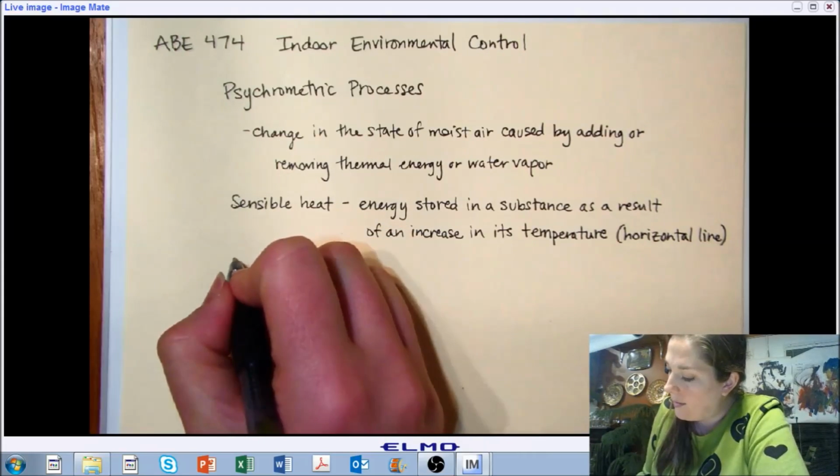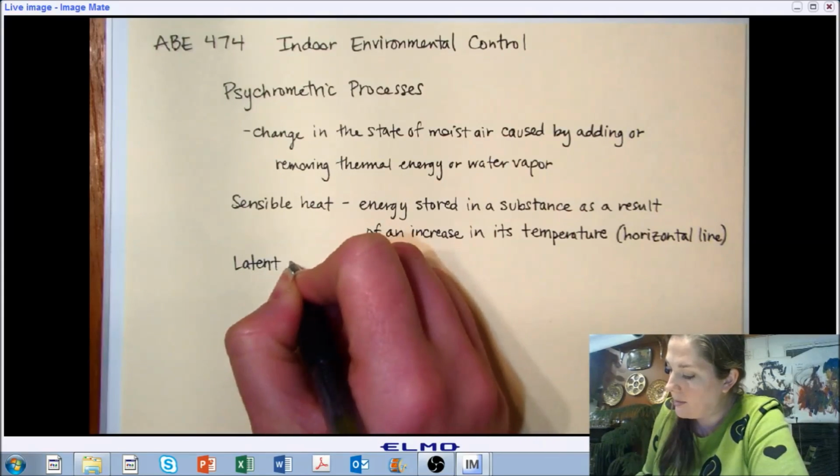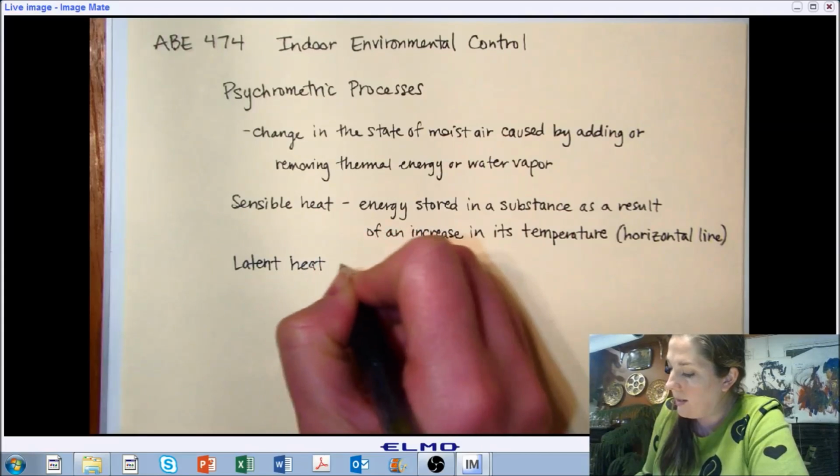Okay. And then the other term we want to be familiar with, the other type of energy we're going to talk about, latent heat.